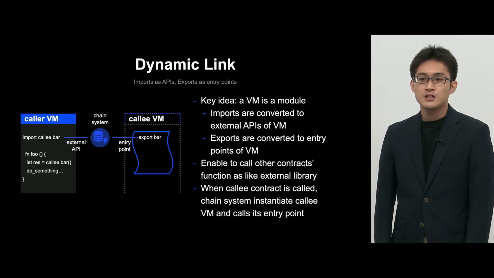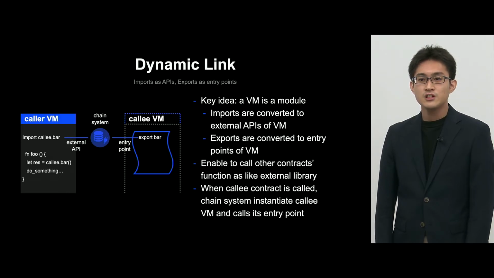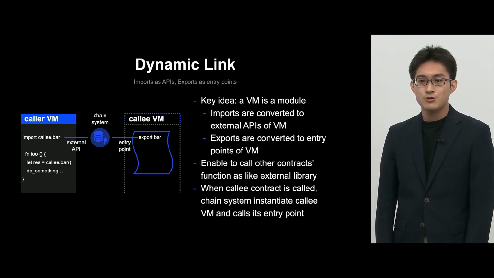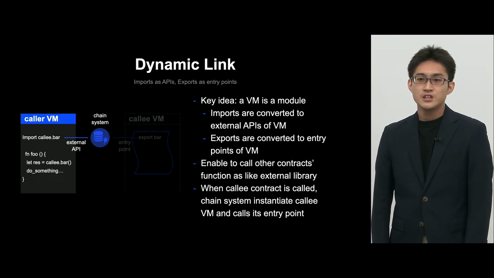The import-export is actually for the dynamic library, and the VM actually connects them. In dynamic link, we extended this. So the function exported from the contract is imported from other contracts, and it is made possible to call this for the interaction. The actual flow of the call is as follows.